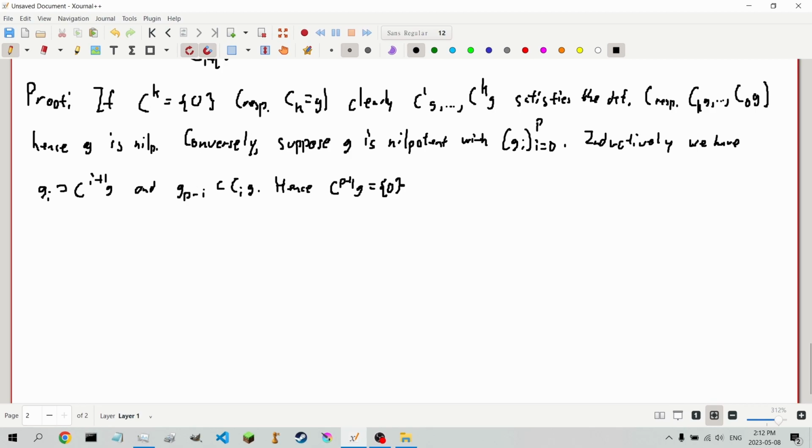And the pth term of the upper central series is G. Thus, we have the nilpotent definition if and only if the lower central series terminates, if and only if the upper central series terminates.